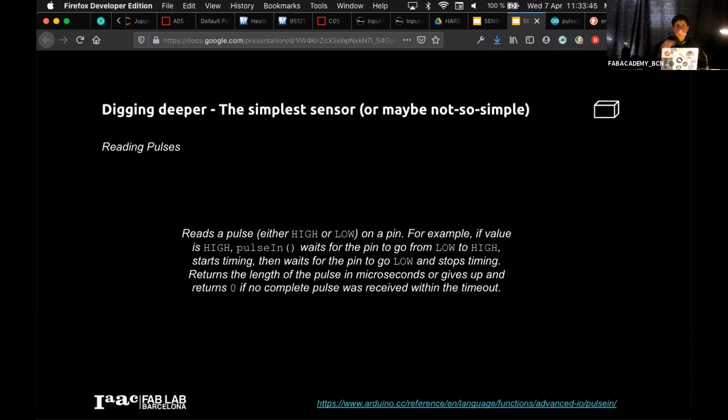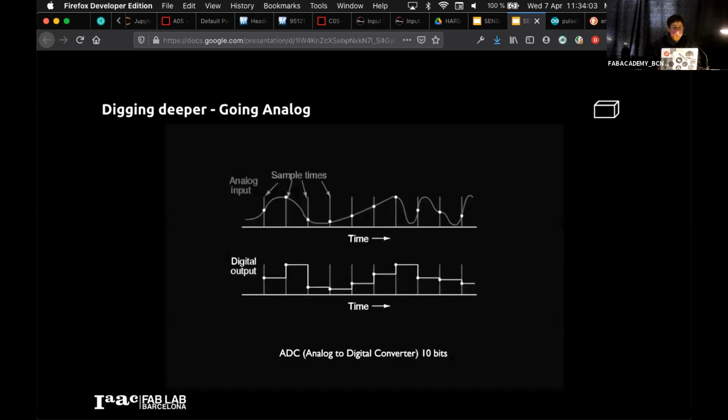I've seen some people trying to code this themselves, and at the end of the day it's just a while loop through a certain amount of time, but it's simpler if you use the Arduino framework. If you want to write it yourself, that's also okay.